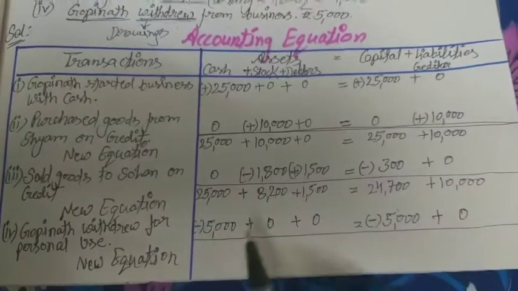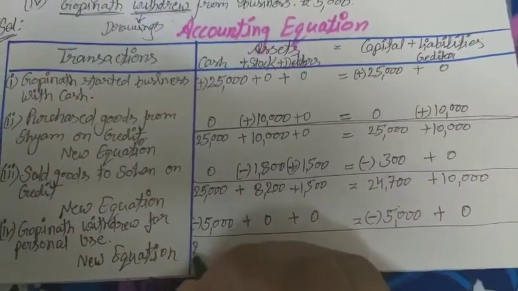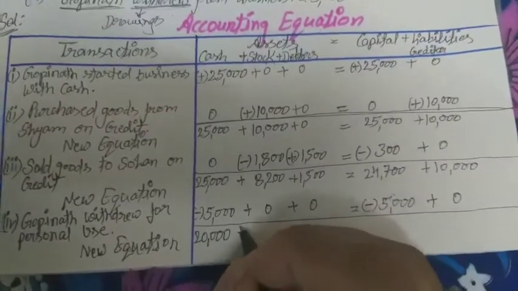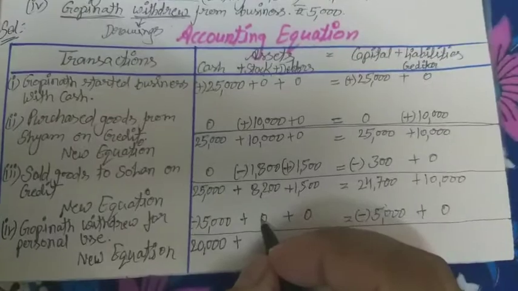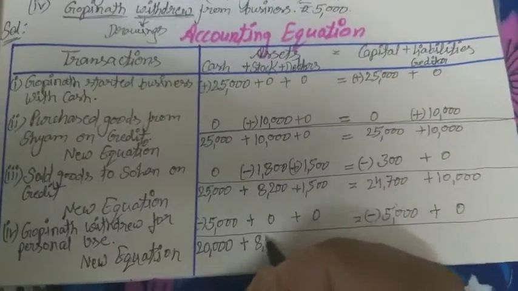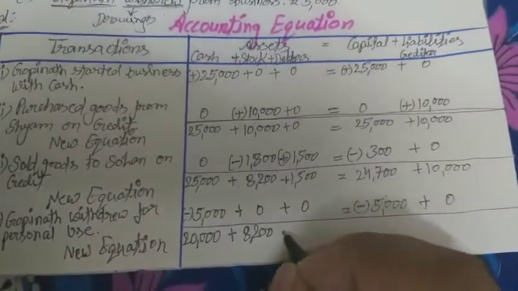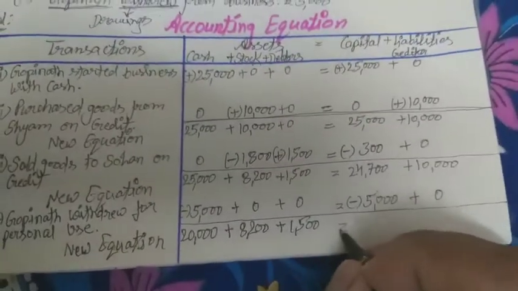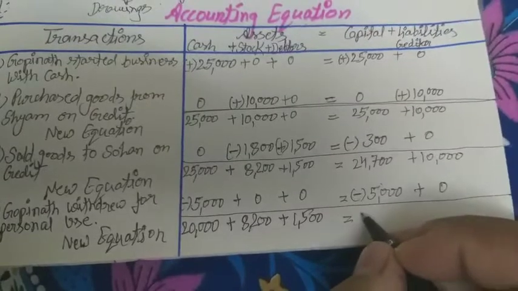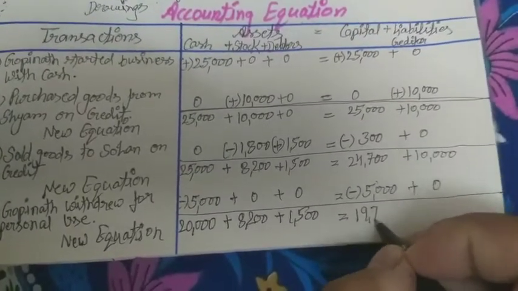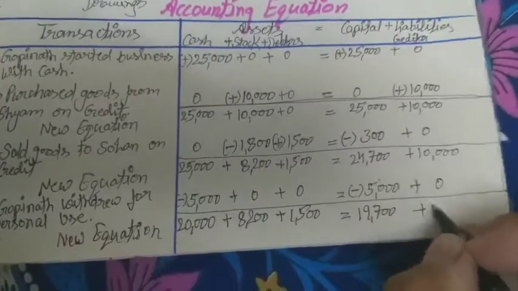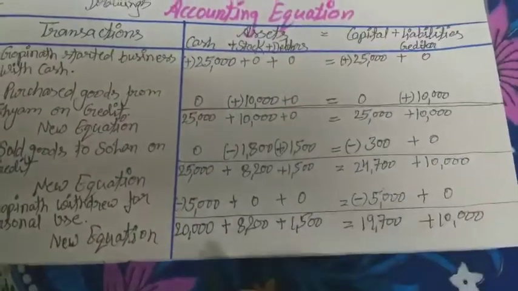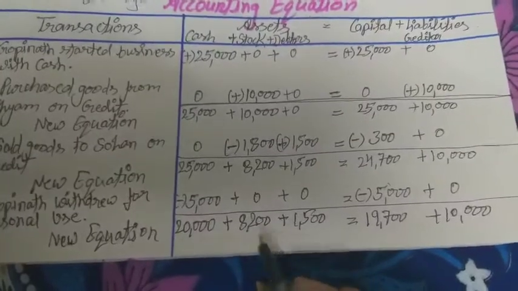We will subtract 5,000 from 25,000, so the balance will remain 20,000, plus no effect on the stock, it will remain 8,200, and plus 1,500 will remain as debtors, and 19,700 will remain as the capital, and 10,000 will remain as the liability. So this is the new equation.